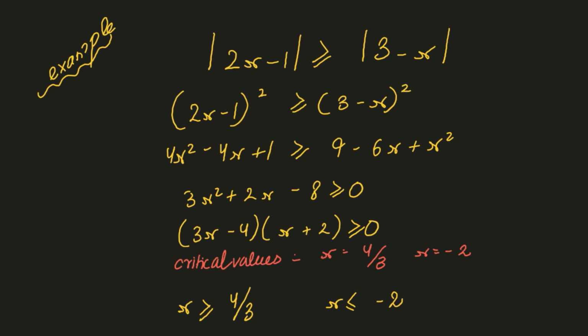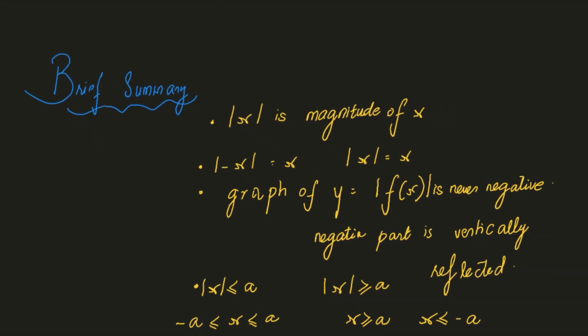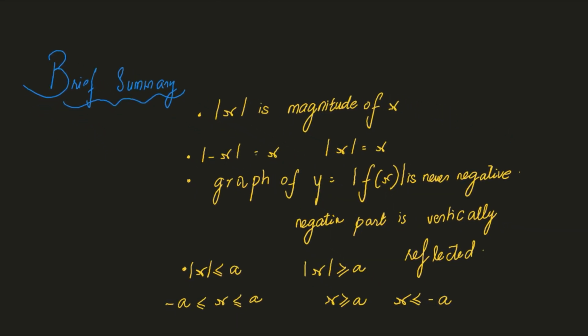Okay, so as a brief summary of what we did today: firstly, modulus of x is the magnitude of x. It is always positive. Modulus of minus x is equal to x. Modulus of x is equal to x. The graph of modulus of f(x) is never negative. The negative part is vertically reflected.